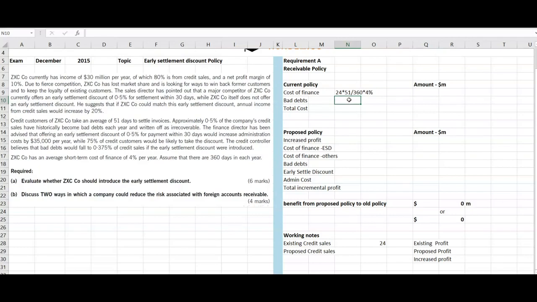So our bad debts is 0.5% of the credit sales. Credit sales is 24 million. That's how it works. And if we solve this, we'll get the total cost.